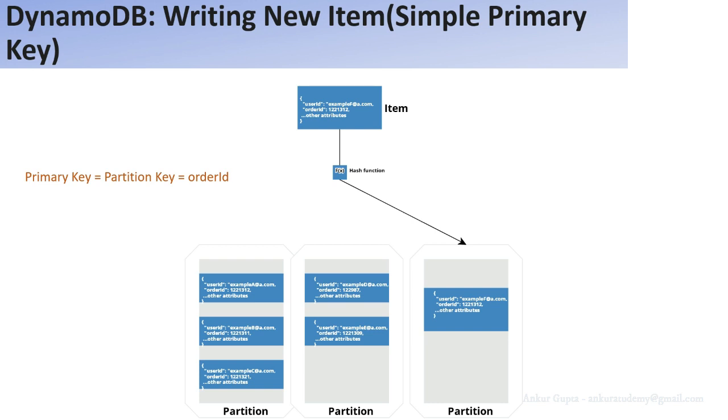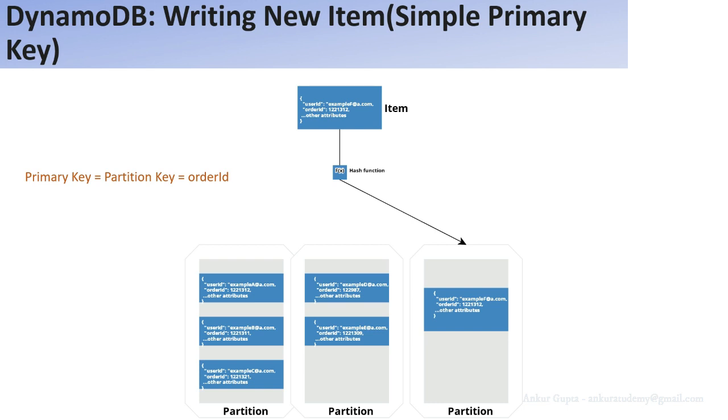And because DynamoDB is optimized for uniform distribution of items across a table's partitions, no matter how many partitions there may be, DynamoDB will make sure that all your items are equally distributed across all the partitions created for your table.